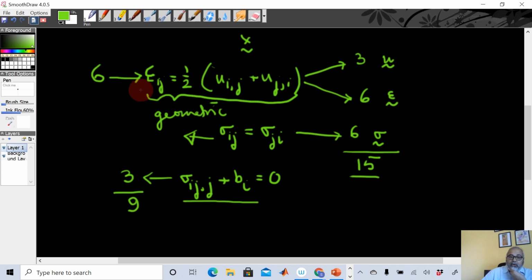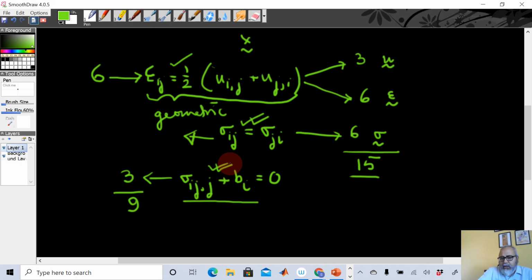So all of these are kind of sacrosanct equations. The geometry, obviously, with the assumption that the displacements and their gradients are small. With that assumption, the geometry is sacrosanct. This follows from a physical principle, therefore sacrosanct. This also is following from a physical principle and therefore sacrosanct.